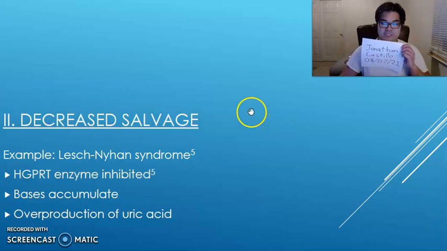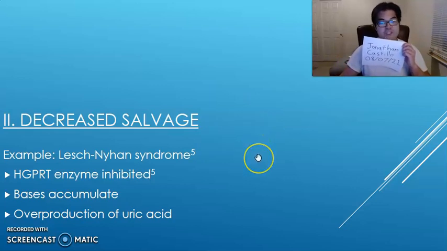So a deficiency in these enzymes would decrease purine salvage. An example of a decreased salvage condition would be Lesch-Nyhan syndrome, in which the HGPRT enzyme is inhibited and bases would accumulate, contributing to uric acid overproduction.